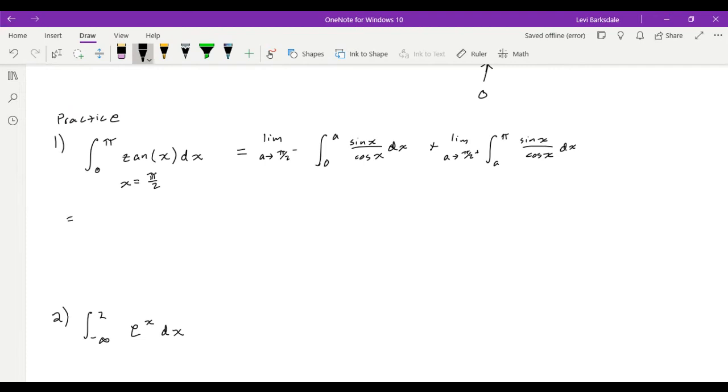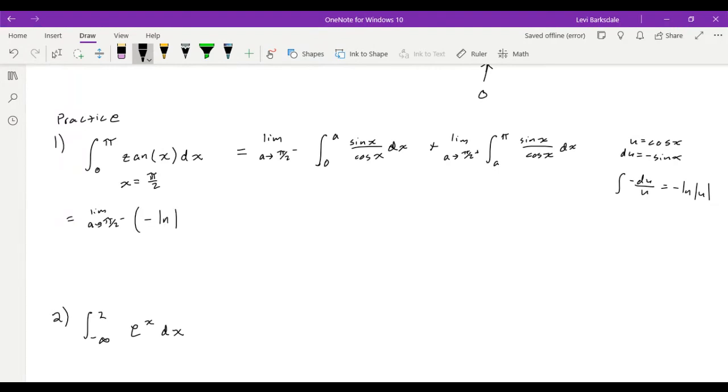And then once we actually integrate, we would get the limit as a goes to pi over 2 on the negative side. We would have cosine of x as our u, and just simply use u substitution. u is equal to cosine of x, du is equal to minus sine of x. So this integral actually becomes the integral of negative du over u, which is of course negative natural log of u.